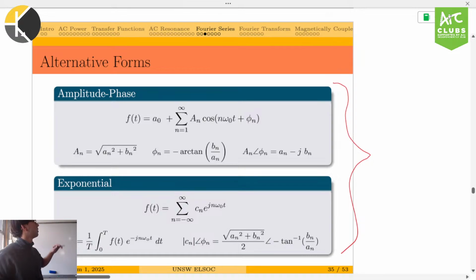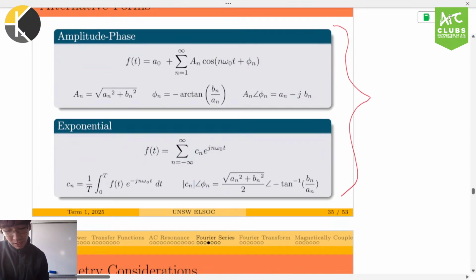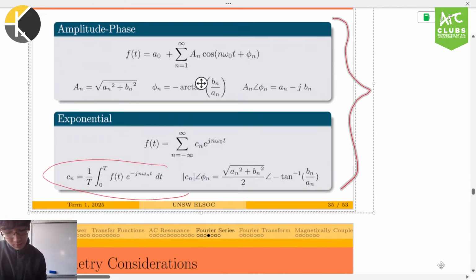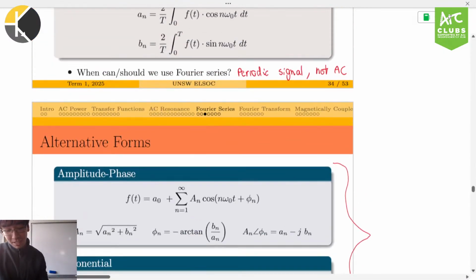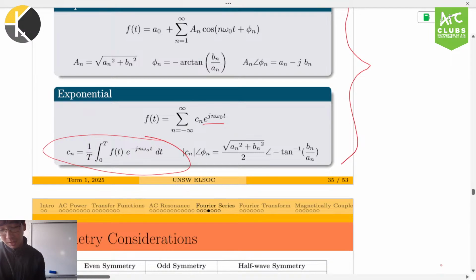We have amplitude phase form, whose name is pretty self-explanatory: we have the DC component plus amplitude at the front, cos, and then in the argument we have the phase. Exponential form has only one coefficient, but it is notoriously harder to find compared to an and bn, and then just that exponential there, which represents each of our sinusoids.